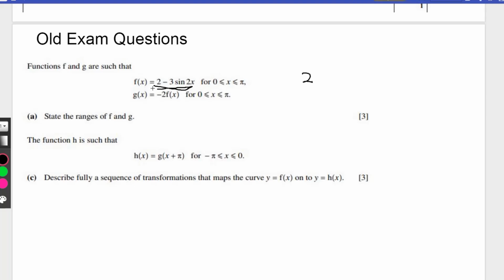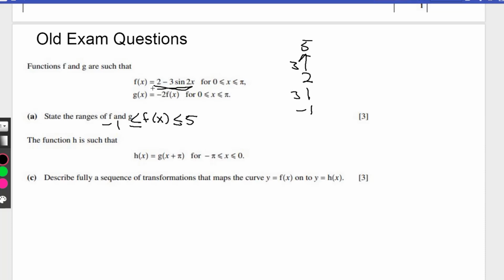This is going to be the amplitude. It's at 3. So that means that the highest point has got to be 5, and the lowest point has got to be -1. All right. So my highest and my lowest, okay? So that's the range for f of x. F of x is going to be less than or equal to 5 and greater than or equal to -1.